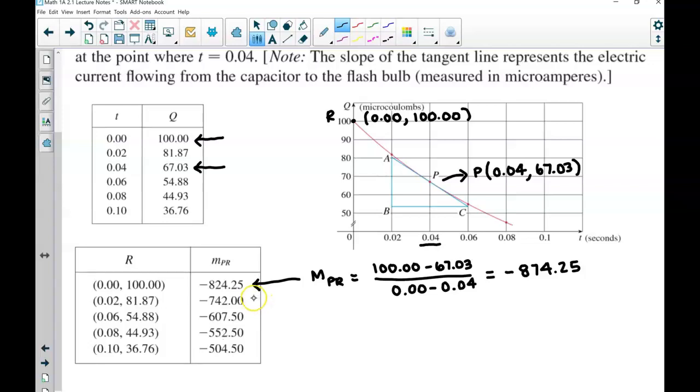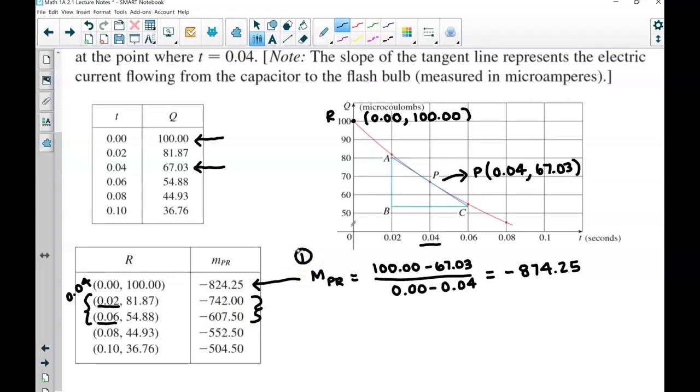So if you take a look here, look at the x values. Well, the x values here are 0.02 and 0.06. So that means that 0.04 is in between those two values, which means that the slope would have to be in between negative 742 and negative 607.50.